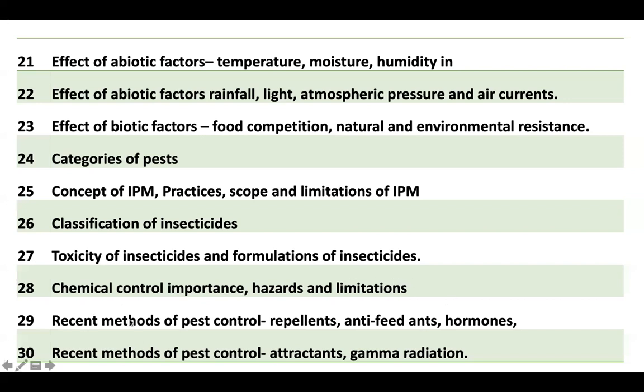Then recent methods of pest control will come, that is repellent, like how to repel the insect. Then antifeedant, we can spray something which the insect will not eat. And then hormones, these are new techniques that have evolved by which insects can be controlled. Then recent methods of pest control, again you will be studying attractants and radiation.